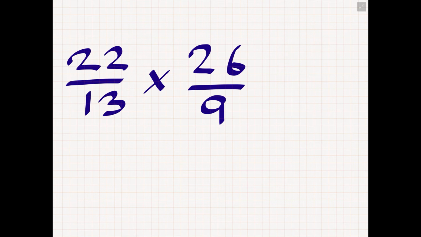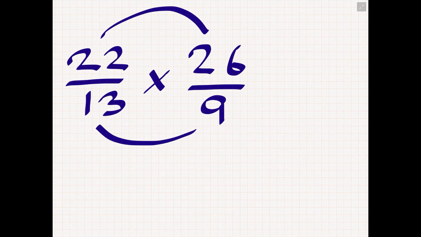And the next stage is to take the product of the two numbers on the top, in this case 22 by 26, and divide by the product of the two numbers on the bottom, 13 times 9.